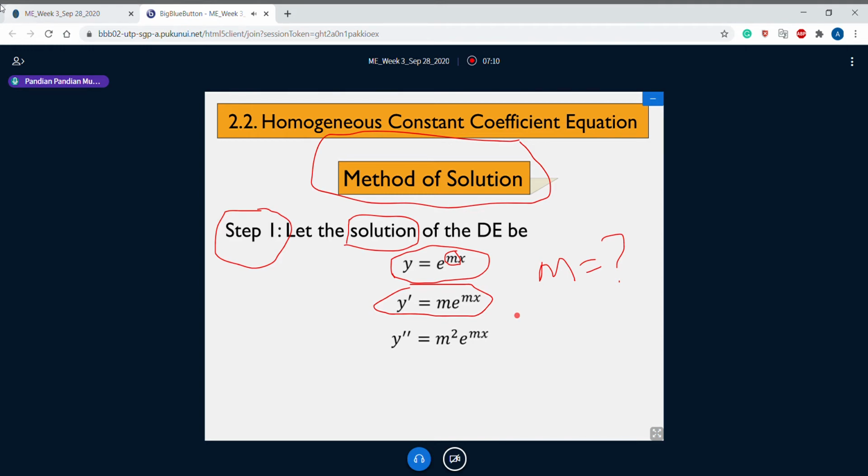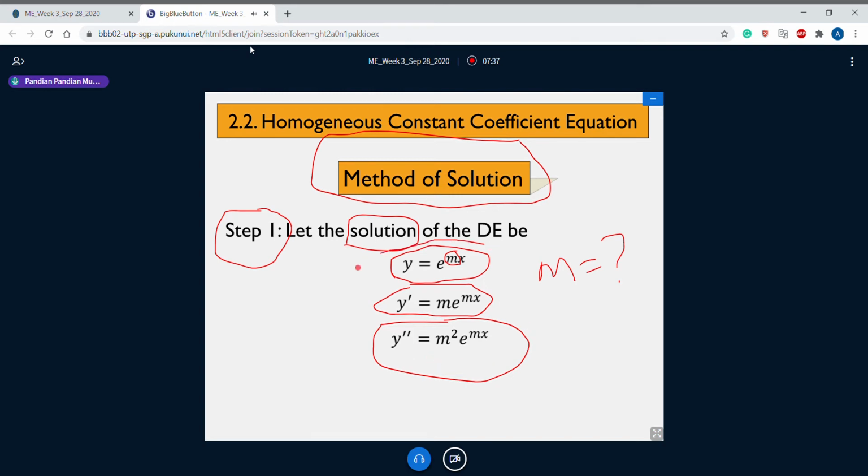You refer to any calculus book. The differentiation of e^(mx) is m e^(mx). And you differentiate one more time, d squared y/dx squared, is m squared e^(mx). This is differentiation 2 times for the exponential function.